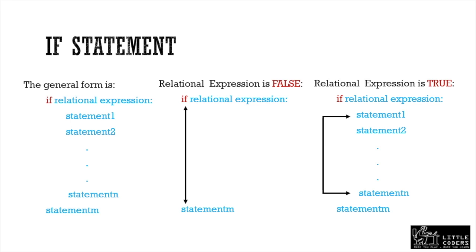That is, if the relational expression is false, it should execute a statement which is in line with the if statement. If it is true, then you are giving some indentation. Based on that, you are giving statement 1, statement 2, and statement m. So it should follow in the same column. Then, if it is true, it will execute these statements. Otherwise, it will come to statement m.